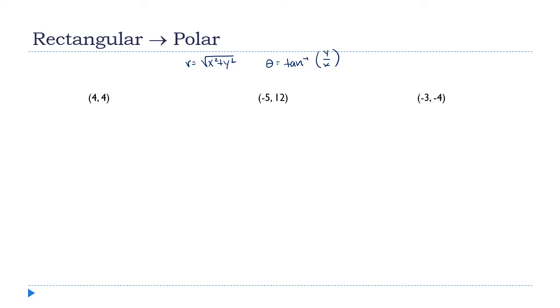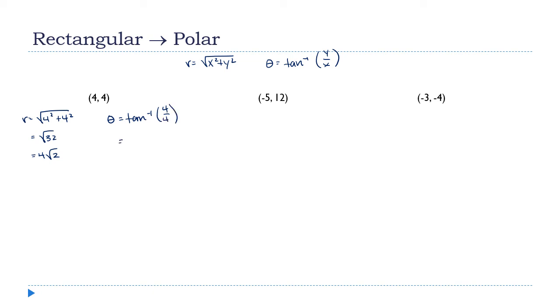Okay, so to take my first point, 4, 4, r is the square root of 4 squared plus 4 squared. That's the square root of 32, which is 4 times the square root of 2.